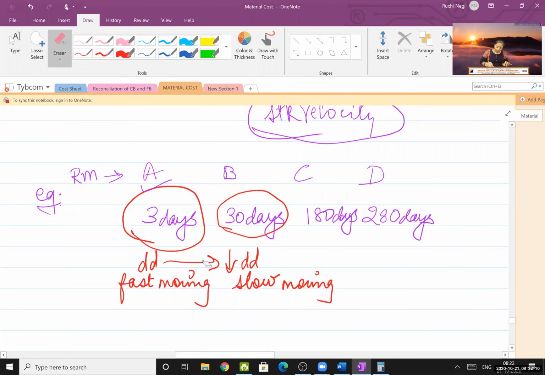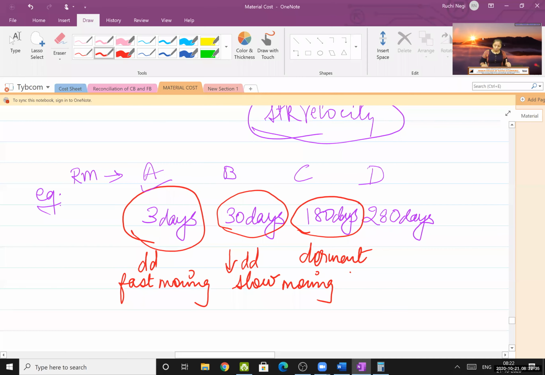Now coming to जो 180 days वाला है. 180 days मतलब 6 महीना. मतलब this raw material takes 6 months to get converted into sales. Very big period. This is called dormant raw material or dormant goods.